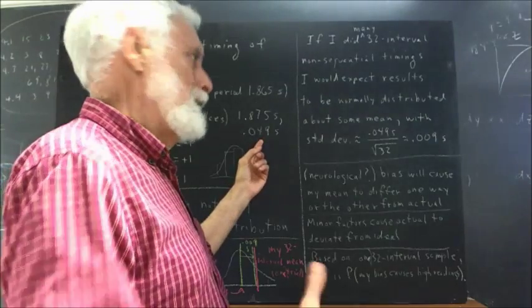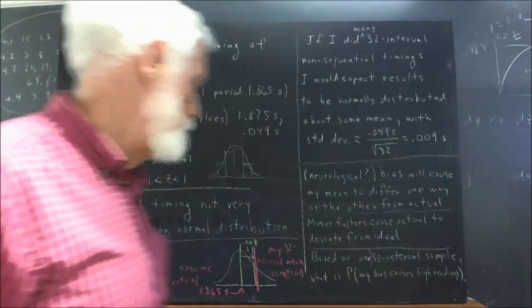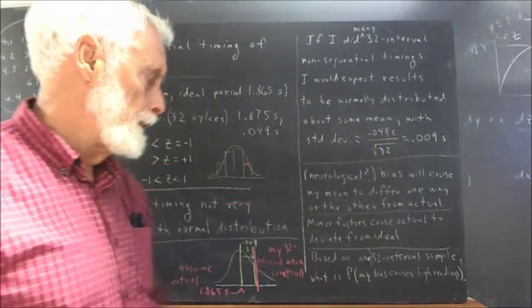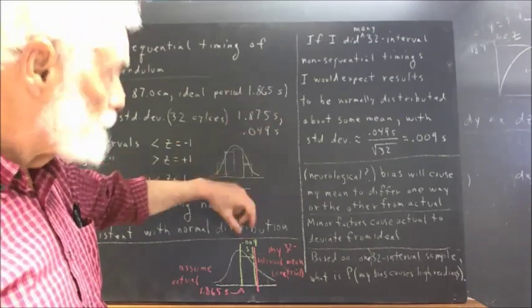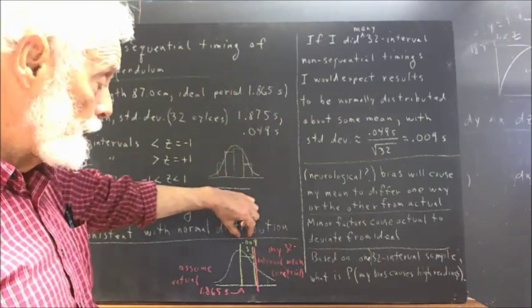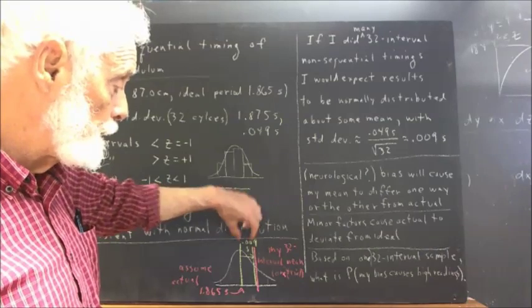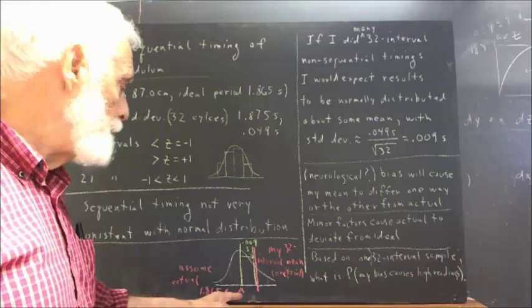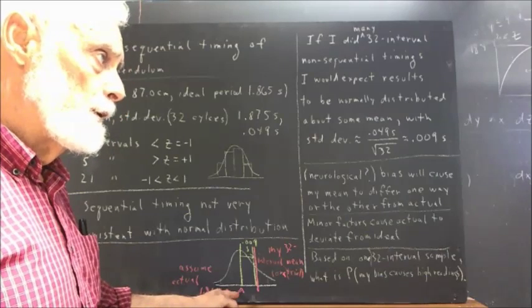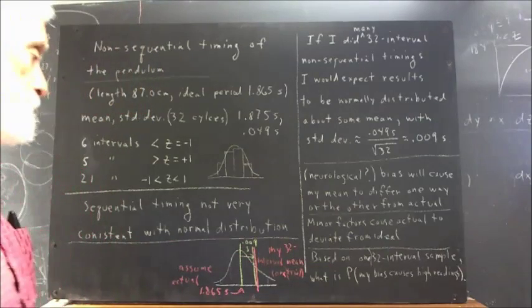And if I did many, there'd be some variation from this, but not a huge variation. I'd say it wouldn't vary by more than 10 or 15%. So let's just assume the standard deviation of my 32 interval trials would be 0.009 seconds, and I'm a little more than a standard deviation above the actual. Okay, well that seems like pretty good evidence that I'm timing a little bit high.